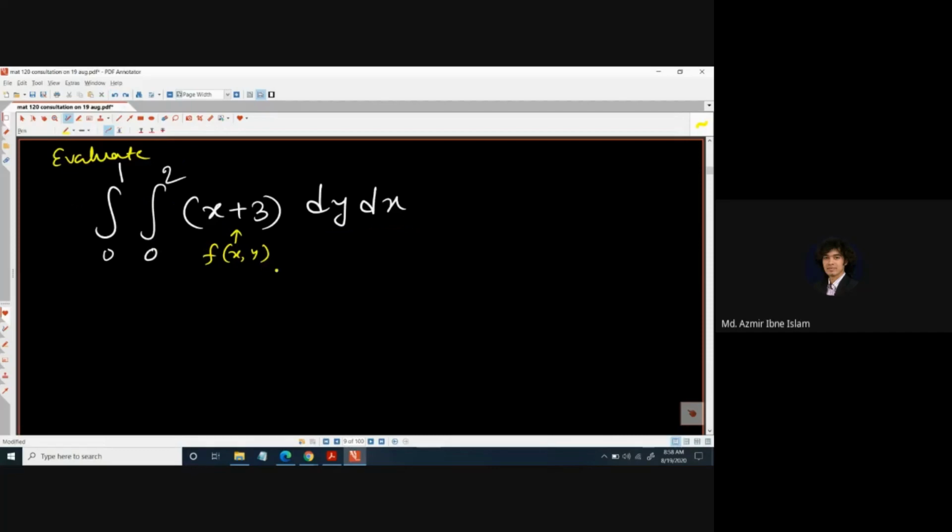First of all, the same problem can be represented in an alternative way. Let's say instead of this one, you have the double integral of x plus 3 dy dx. Here you have the region or rectangle R, and R is defined as 0 less than x less than 1 and 0 less than y less than 2.